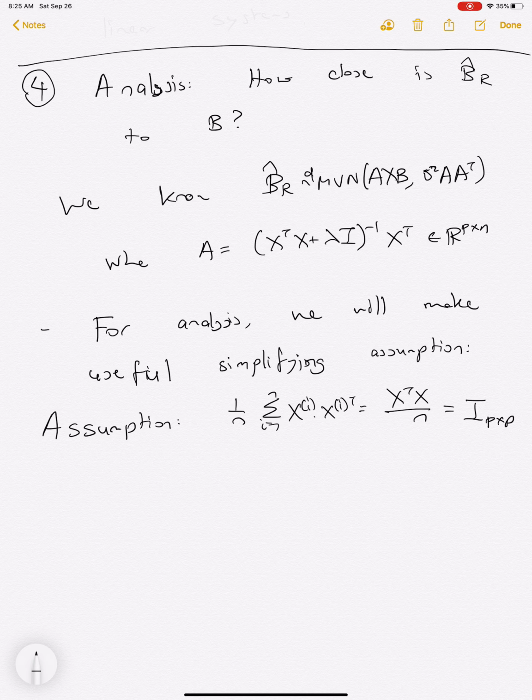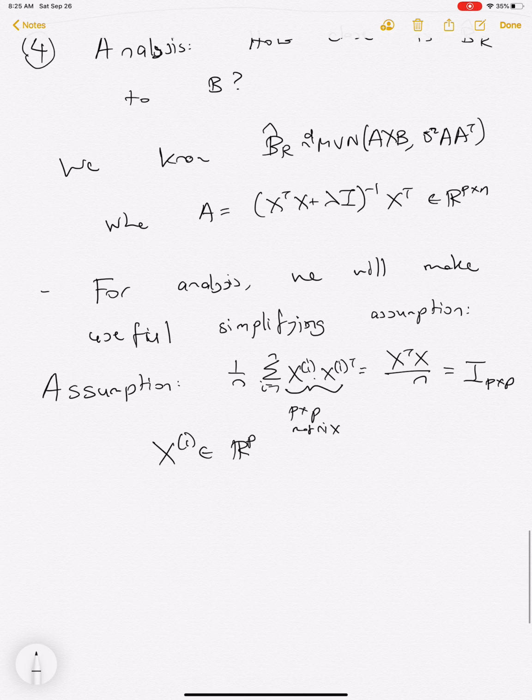Okay, so what we're going to assume is that, if you imagine the xi's are in R to the P, I've written it both in matrix form, X transpose X over N, and as the sum of n p-dimensional vectors times their transpose, so that should give you a P by P matrix. You're adding up n of them. That should be the identity.